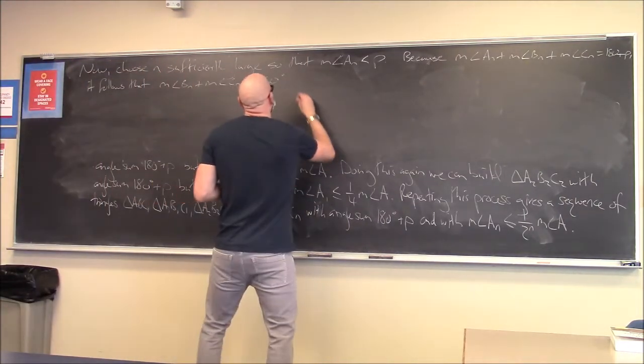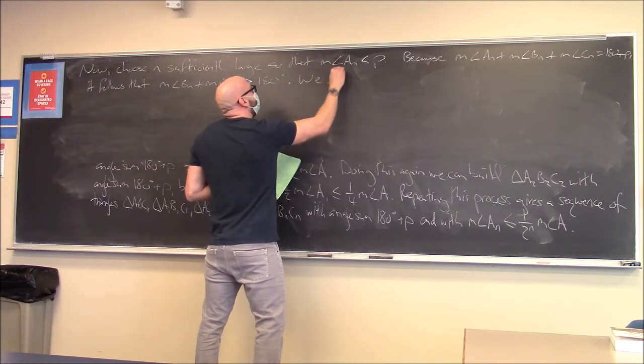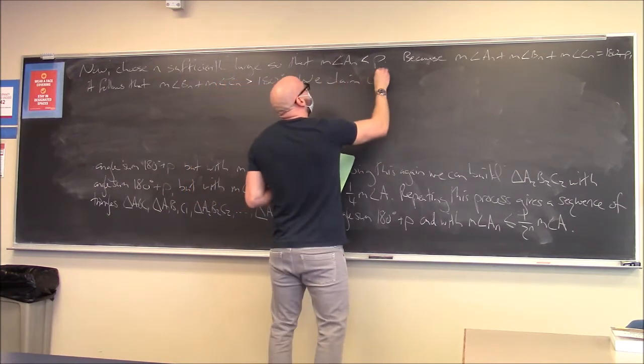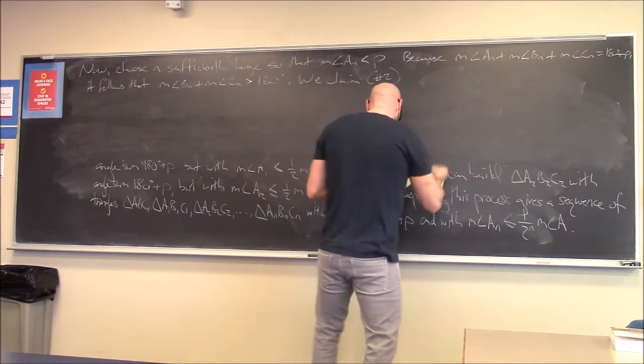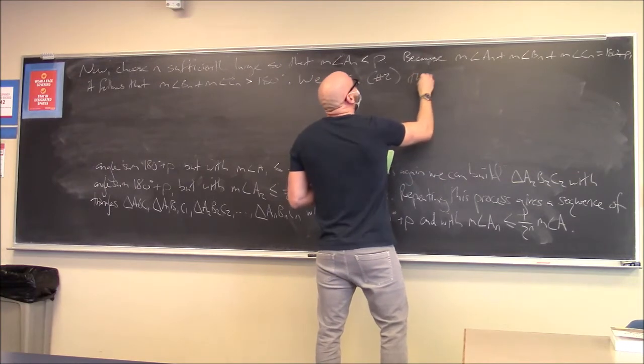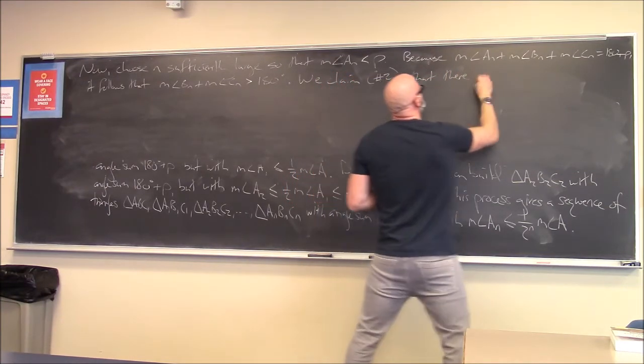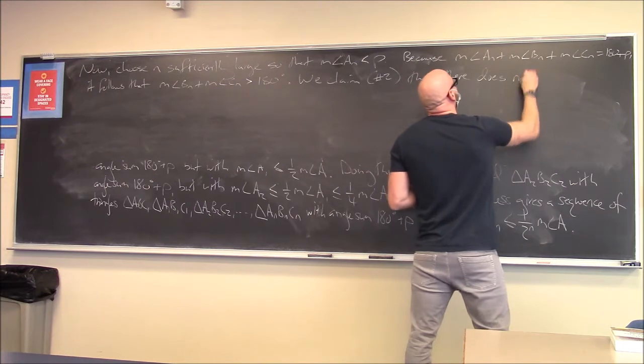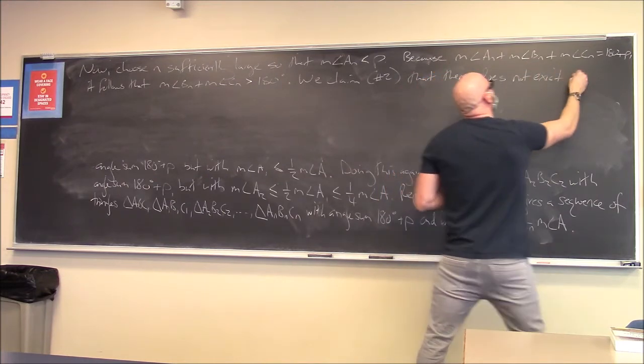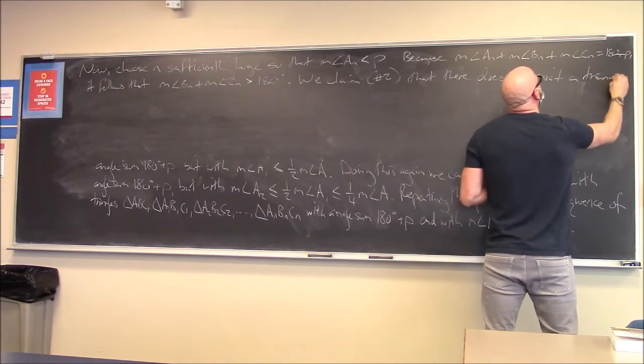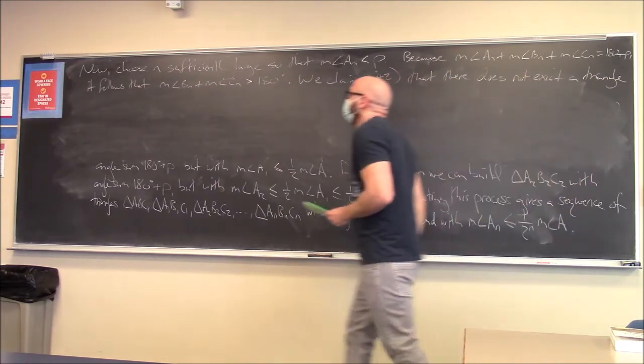So we claim, this is claim number 2 now, so second lemma essentially, that there does not exist a triangle with this property.